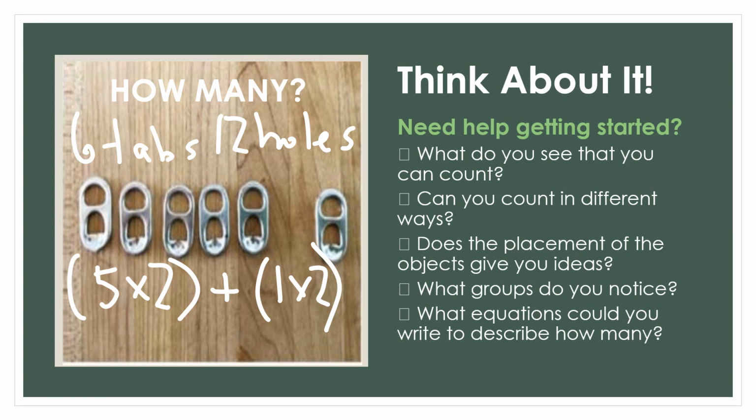So now I'm thinking 5 times 2 plus 1 times 2 will tell me how many holes there are altogether. 5 times 2 is 10, plus 2 would then give me 12 holes. This is the type of thinking that we're going to be exploring later in the lesson when we get to distributive property.